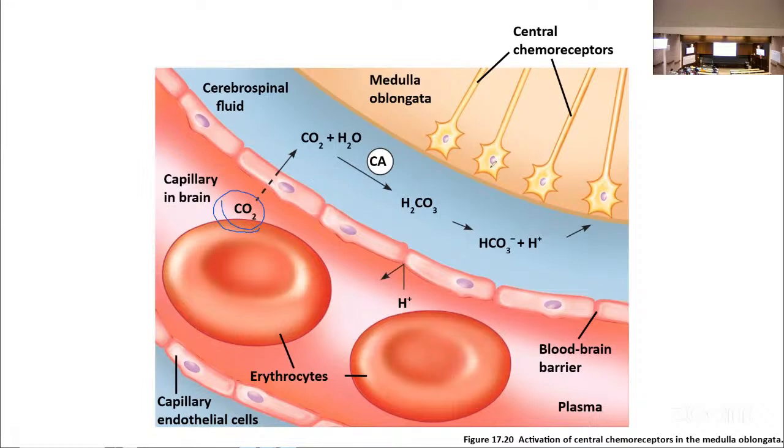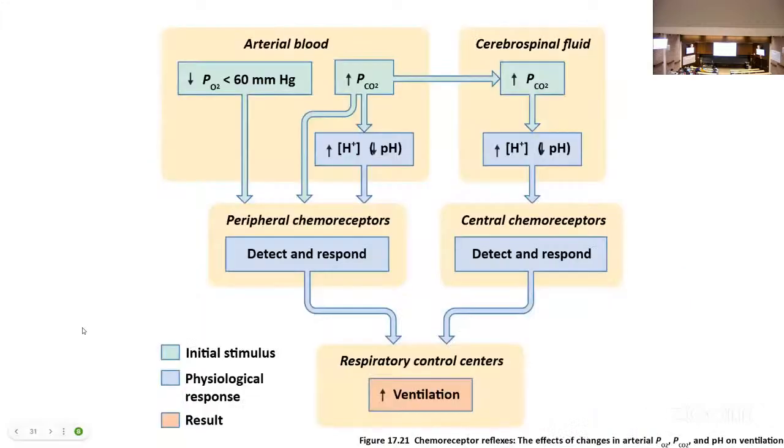So what they would be directly sensing is the fact that this carbon dioxide mixing together with water is getting converted by carbonic anhydrase into carbonic acid, which dissociates into bicarbonate ions and hydrogen ions. And these hydrogen ions, pH, that H is actually for hydrogen ions. So it's that hydrogen ion that is getting directly sensed by our central chemoreceptors. That's what we're focusing on there.